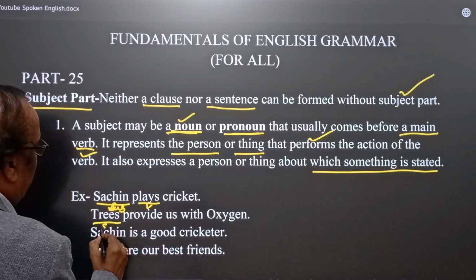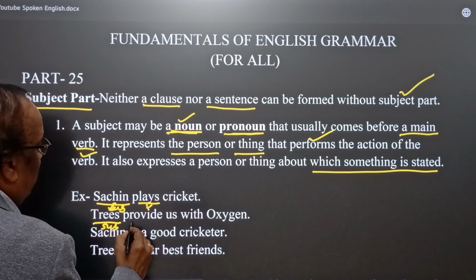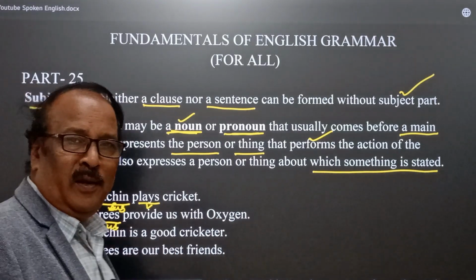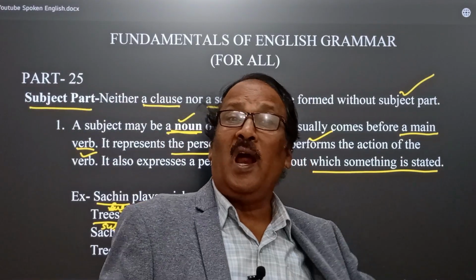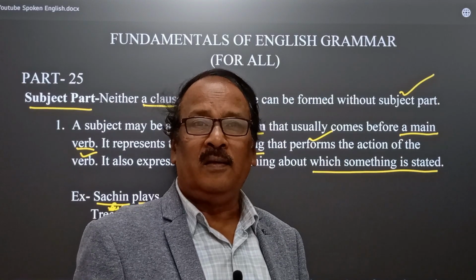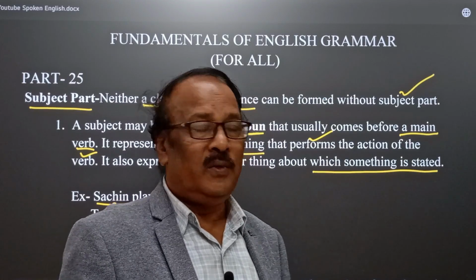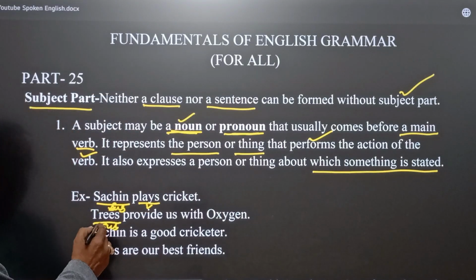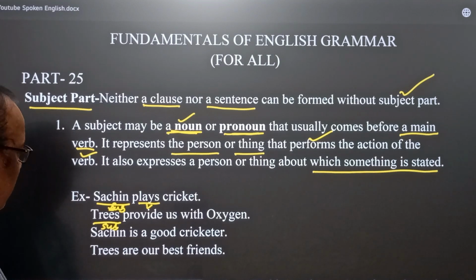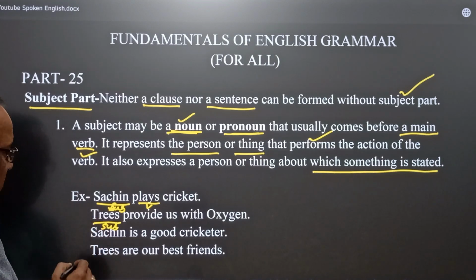Trees provide us with the oxygen. Trees is the subject. As we know, we can't survive without oxygen, and trees provide us with the oxygen. So trees here does the role of providing us with oxygen, therefore trees is the subject.